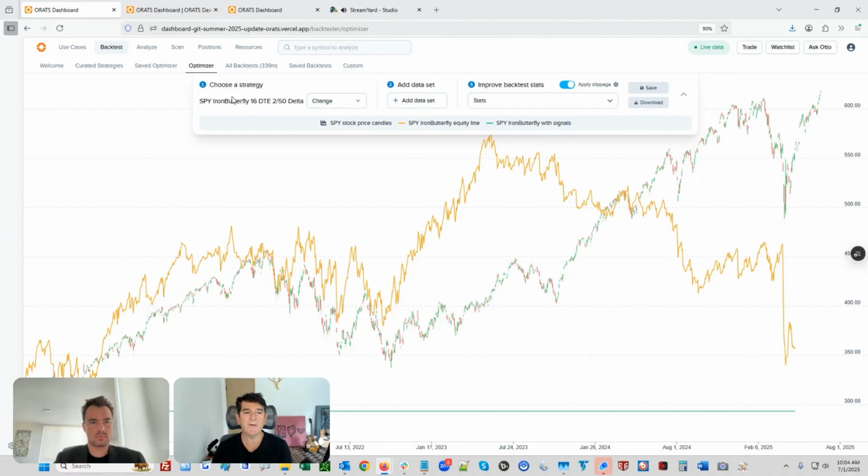So what we have here is a backtest overlaid on a candlestick graph of the SPY. And this is just the standard 16 DTE iron butterfly with SPY.